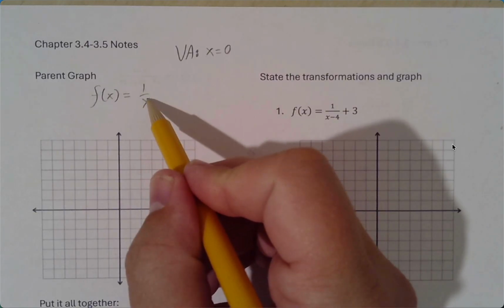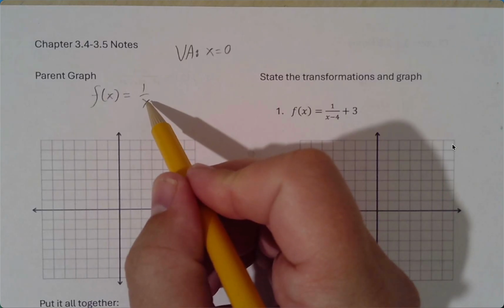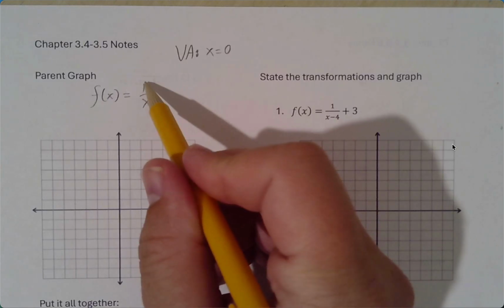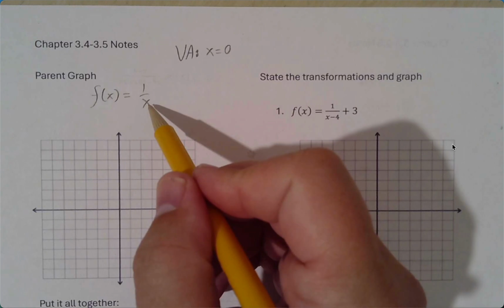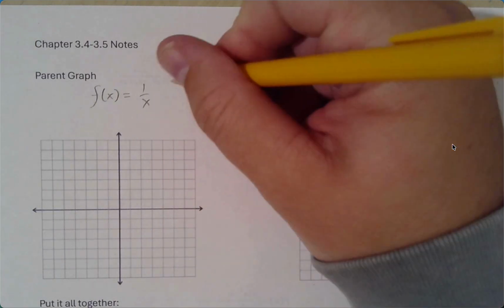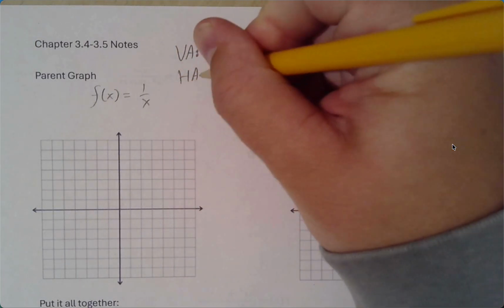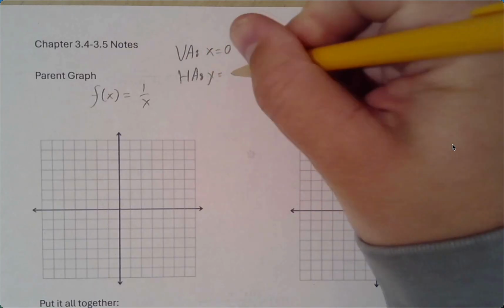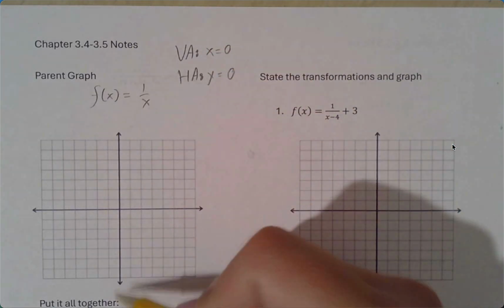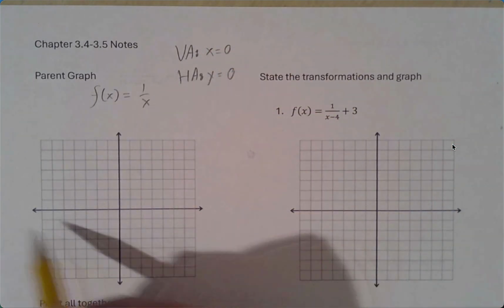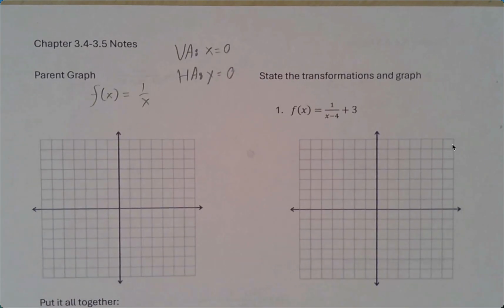Your bottom algebra is 1, so 0 in the numerator, no x's on top, versus 1x on the bottom, is going to put you in the HA y equals 0 category. So essentially, your x and y axis are your asymptotes that you won't cross.